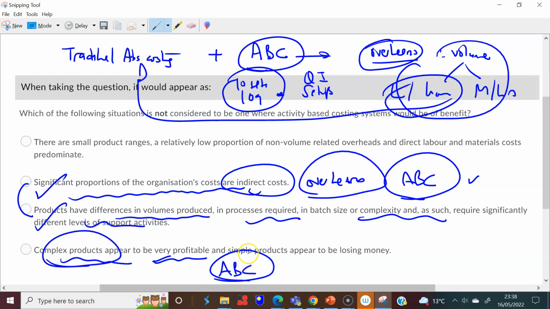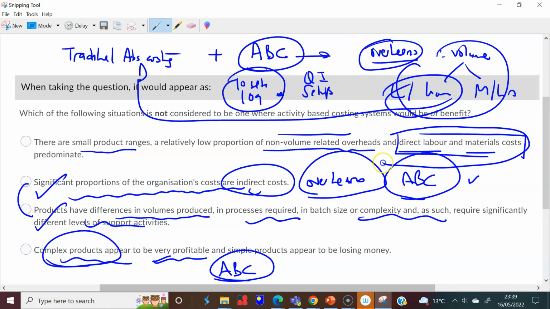What we see here is that, first of all, you have these small product ranges, a low proportion of non-volume related overheads, and direct materials and direct labor are the main thing. So where you have direct material and direct labor and very small overheads, well, traditional absorption costing can do the job for you by splitting it according to the products, because most of the costs are dominated by direct materials and direct labor.